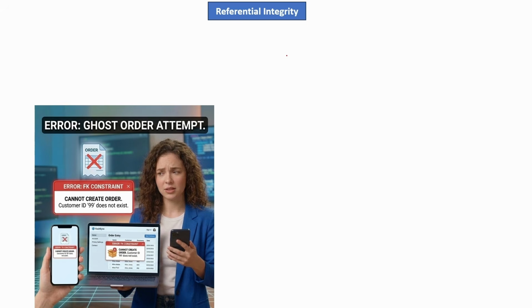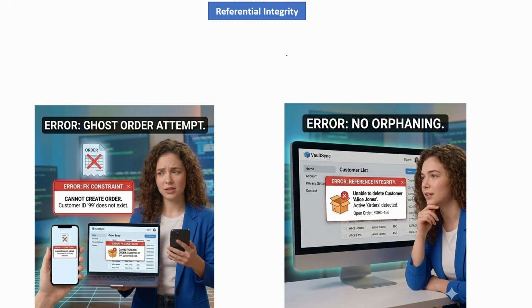Second is no orphaning. You cannot delete the customer if he has some order associated to it. It keeps the links between your data from breaking. If a parent disappears, the child should not be left floating in space, right? So that ensures that there are no ghost orders and no orphaning happening.